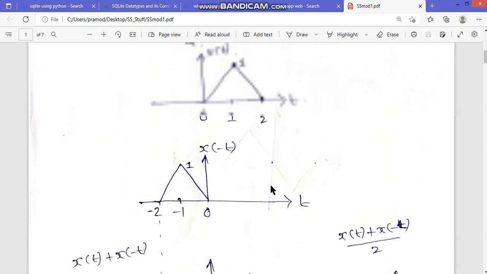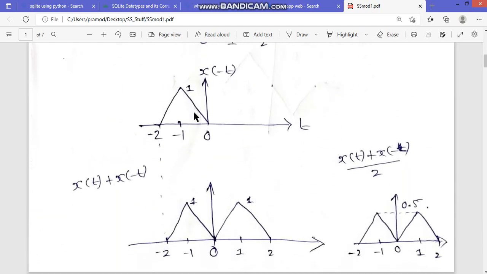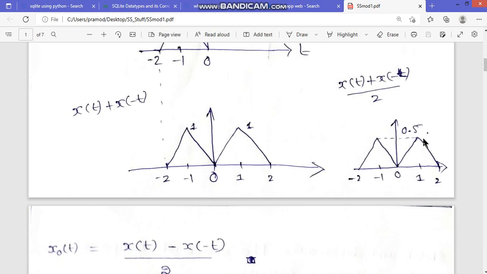So next thing is what? We found x of t plus x of minus t, and we have to divide it by 2, right? What will happen when you divide it by 2? It's just that you are dividing your amplitude values by 2. So this 1 will become 0.5 and whatever the values here will also get reduced. There are some samples here also, right?